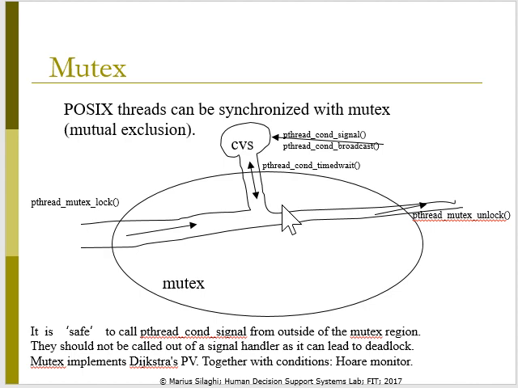In order to wait on a condition variable, a thread has to call the function pthread_cond_timedwait. And typically a timeout can be provided, after which the thread will return back to execution. In order to wake up a thread that's waiting on a condition, one can call the function pthread_cond_signal.